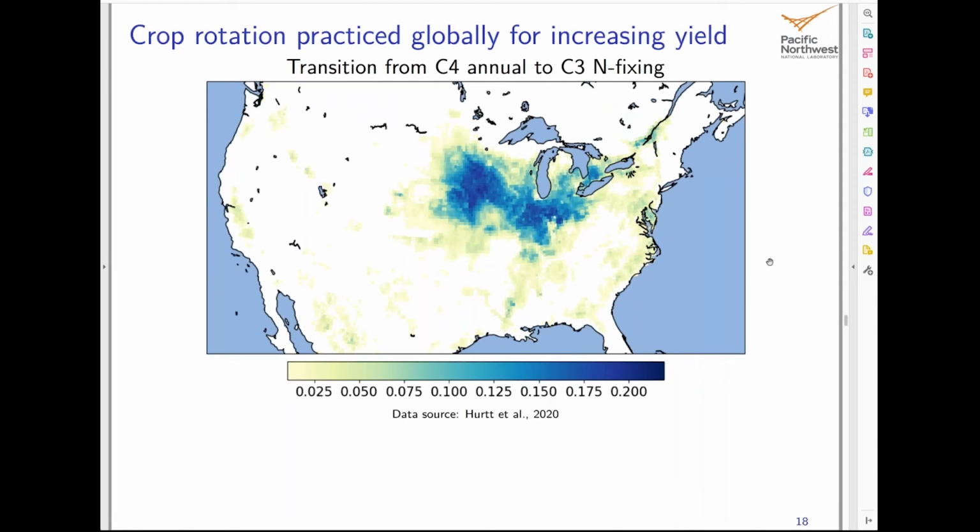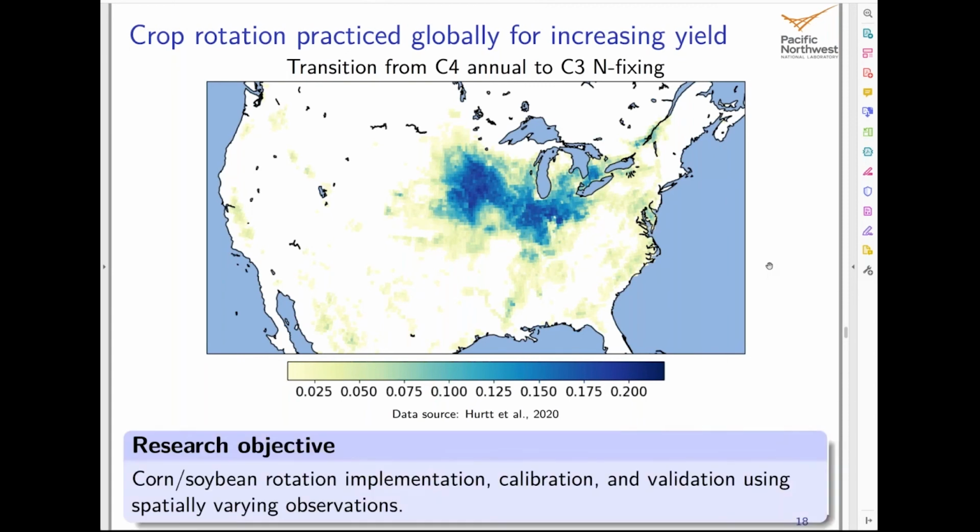And because this is practiced globally and occurs every year in most places, and it impacts the carbon and the energy fluxes, because corn and soybean have very different phenology, we need to capture these types of agricultural management practices in ELM.